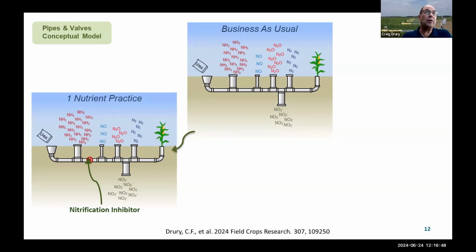That keeps more of the nitrogen in the ammonium form longer, which unfortunately can increase a little bit of ammonium loss on that first pipe. But all the other losses, NO, N2O, and N2, are a little bit lower than in the business as usual model. And so we still have the plant using the nitrogen that's left over.